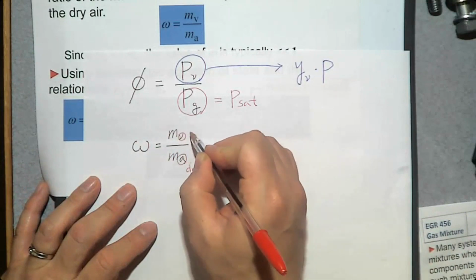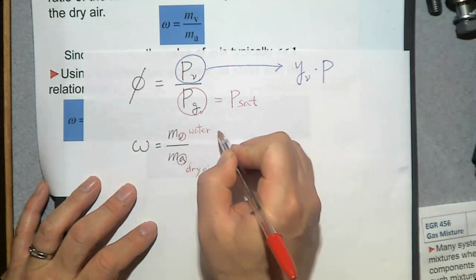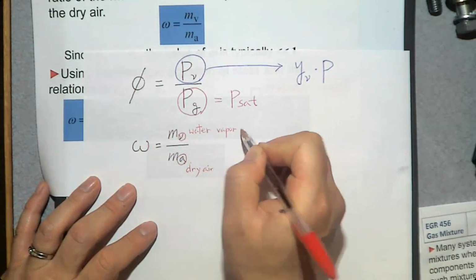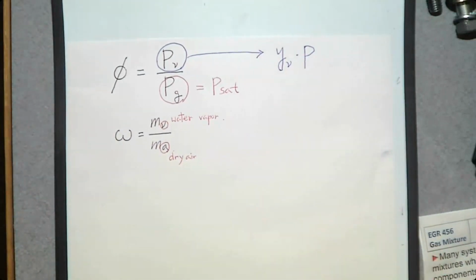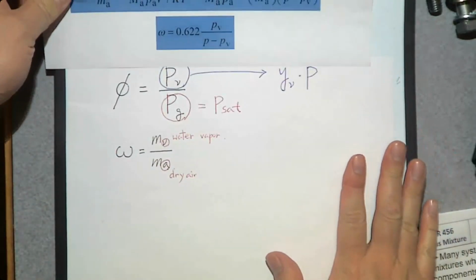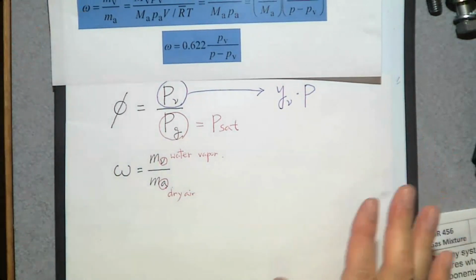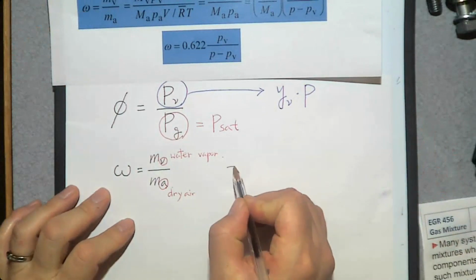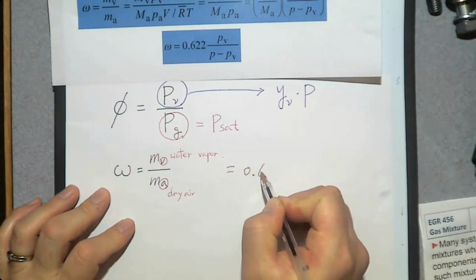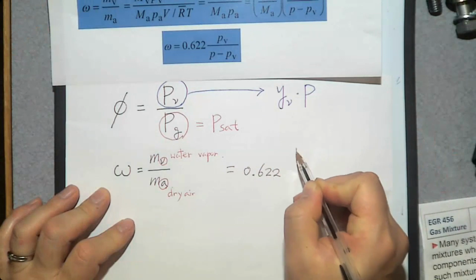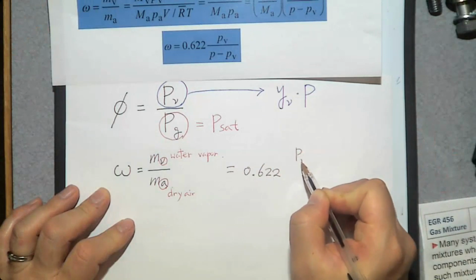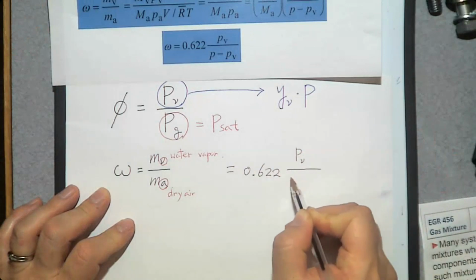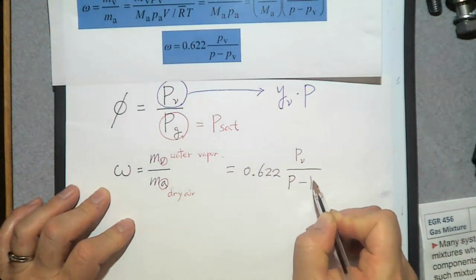And V means water vapor. Then this omega can be determined by this equation. Omega is 0.622 PV, the partial pressure of water vapor, divided by P, the mixture pressure, minus PV.